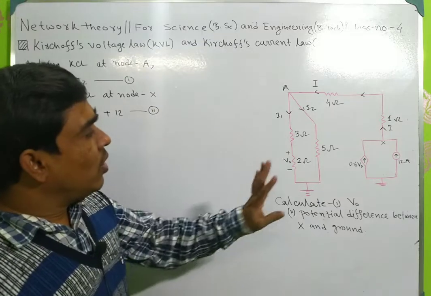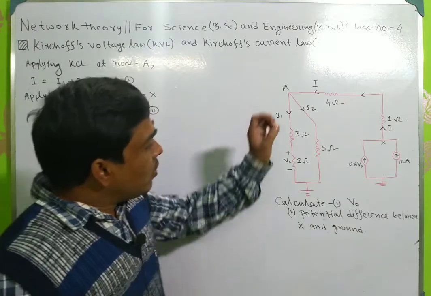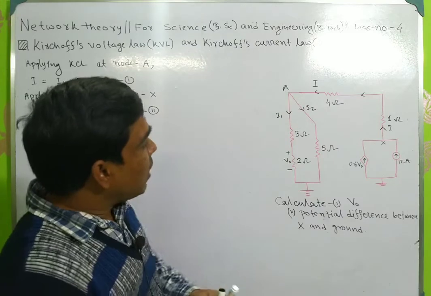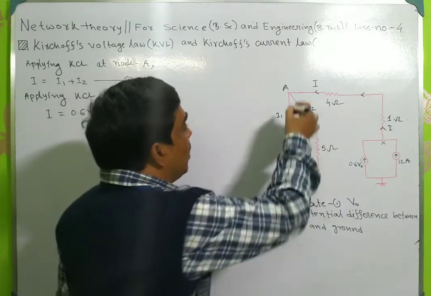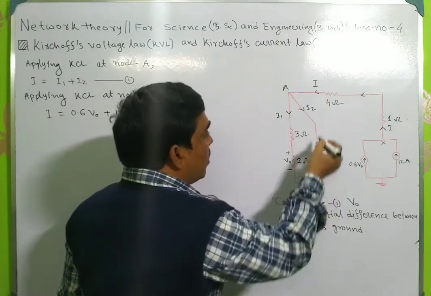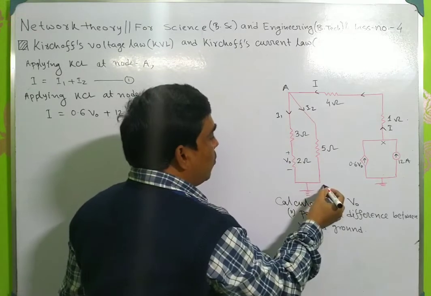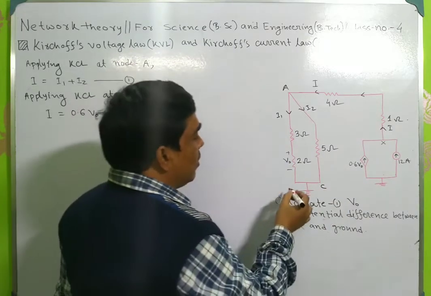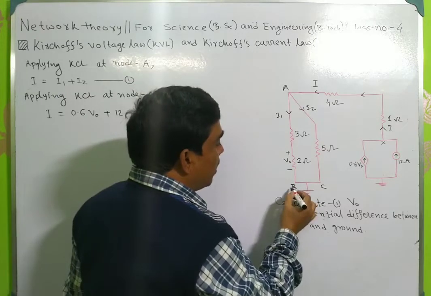Now if you see this circuit closely, suppose this is branch AC and this is AB.